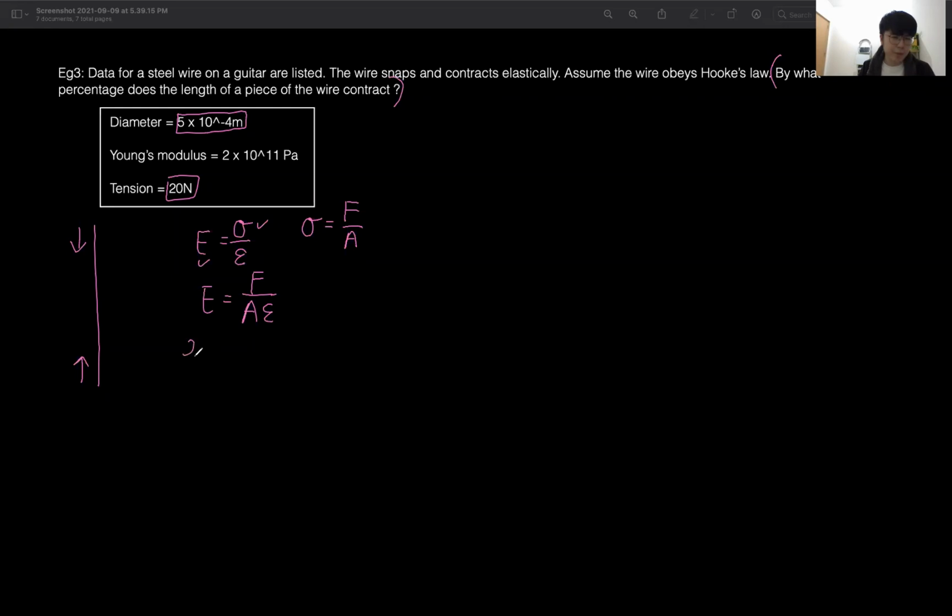Then we put the numbers: 2 times 10 power 11 equals 20 Newton over area, which is pi times radius r squared, so 5 times 10 minus 4 divided by 2, squared, times epsilon.